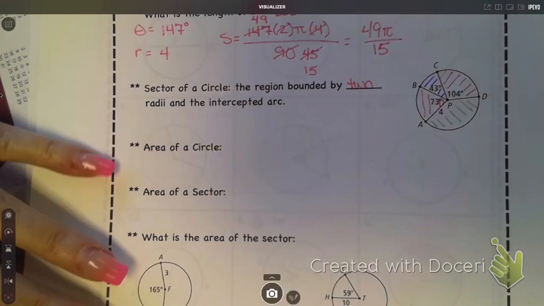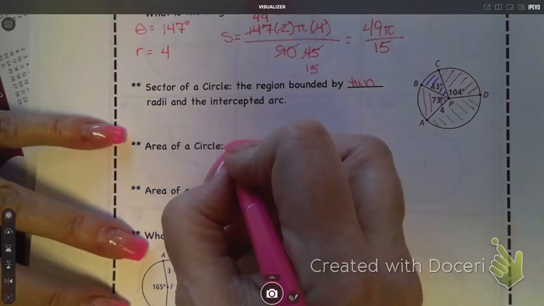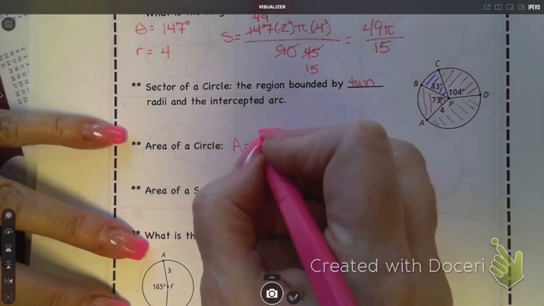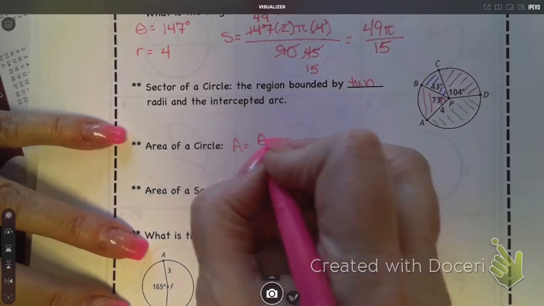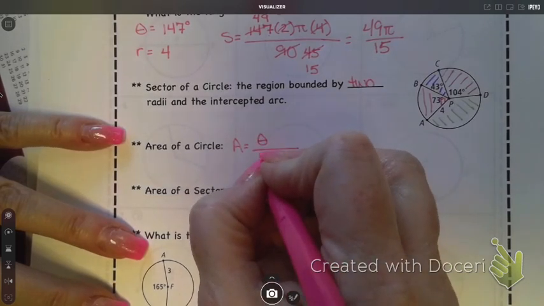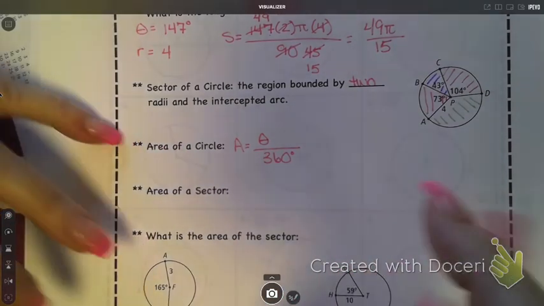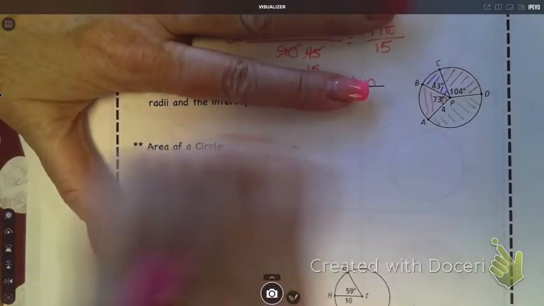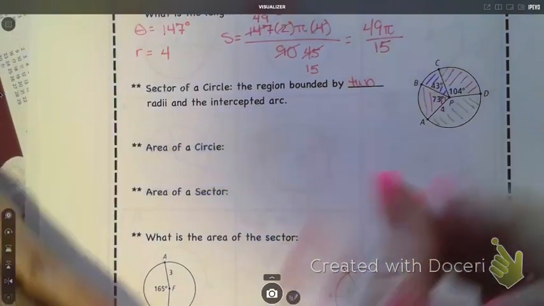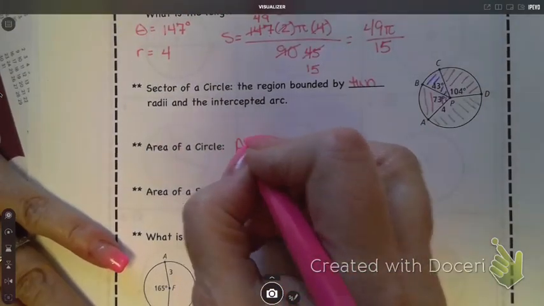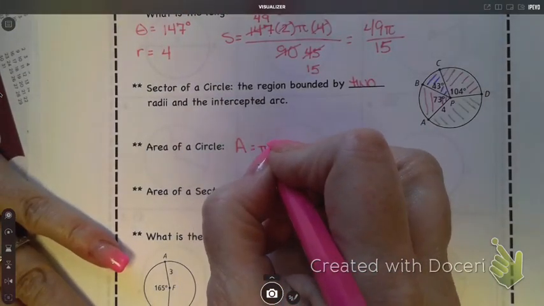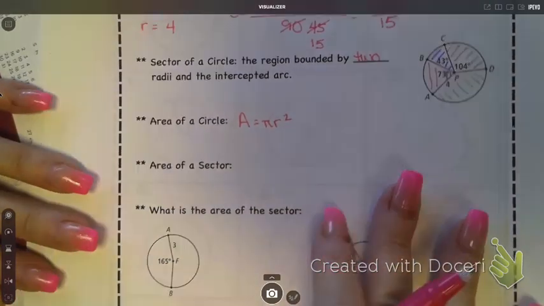We're going to do area equals theta over 360. Well, if we're talking about the area, we probably need to put the what formula? What's the area of a circle, guys? You remember? Pi r squared. So you should know that.